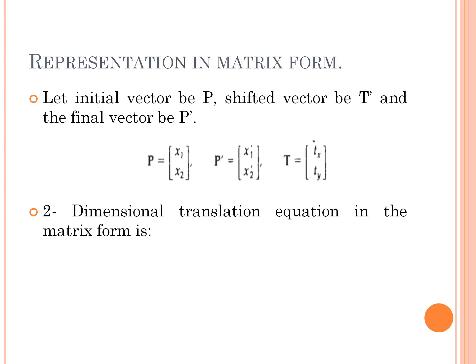Then what is the matrix form of the translation equation? It is P dash equals P plus T. If we add P to the translation vector T, we get x dash 1 equals x1 plus tx, and x dash 2 equals x2 plus ty.